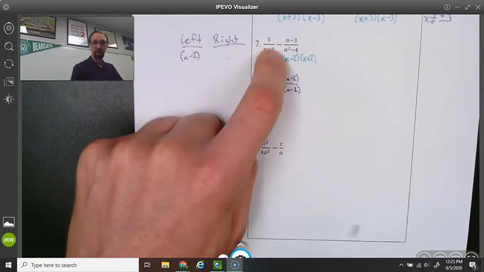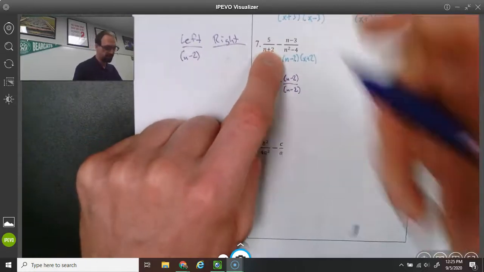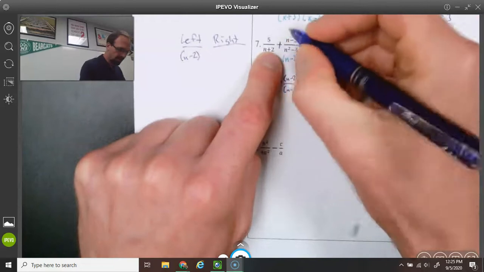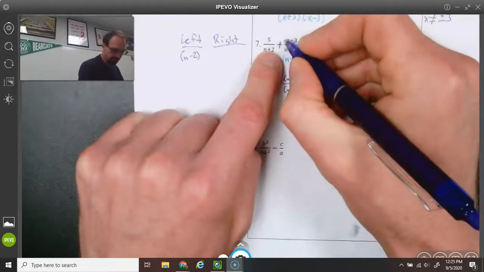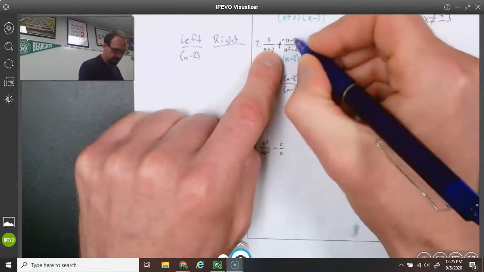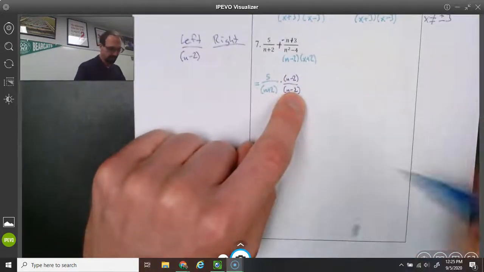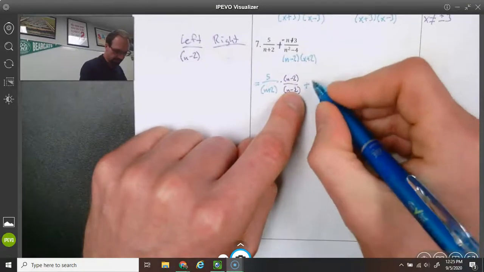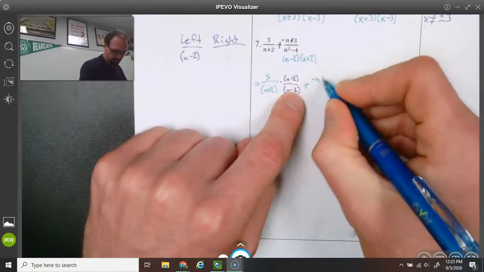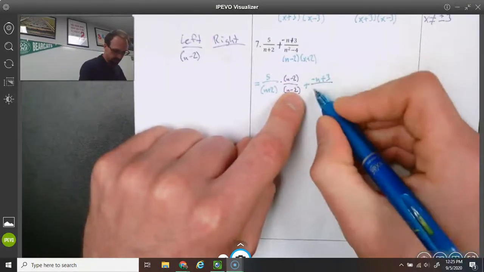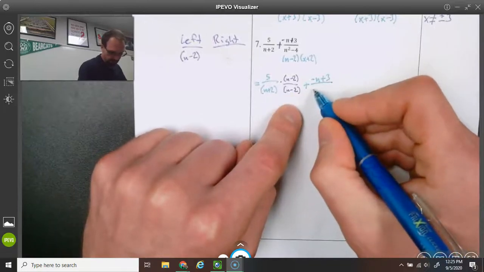What we're going to do, again, is change it to a plus, and then we're going to change the signs of everything afterwards. So we're going to change this to a negative n, and then plus 3. So now I've got plus negative n plus 3 over n minus 2.